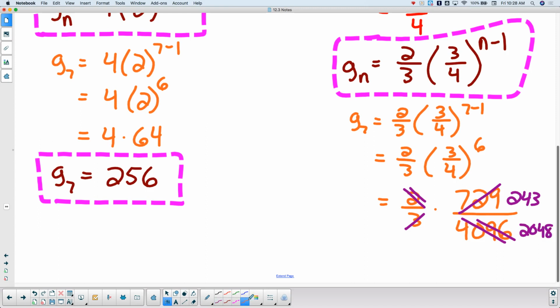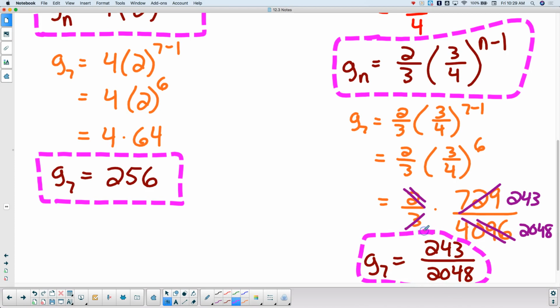So in the end, my 7th term is 243 over 2,048, which frankly is much easier to write than the decimal equivalent of it. I don't even know what the decimal equivalent of it is. It's what? A lot of ones. Okay. Okay. So that's the first style of problem.